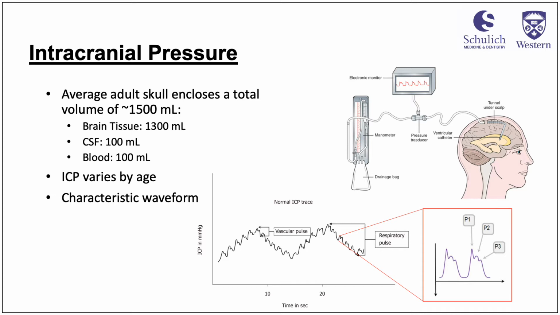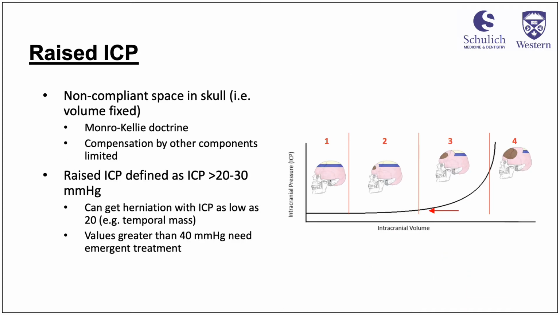I've read different representations, but it's thought to be venous pulsation or even the dicrotic notch. We'll come back to this later on, but the tracing can also start to suggest when there is raised ICP. So now I'm discussing the concept of raised ICP.